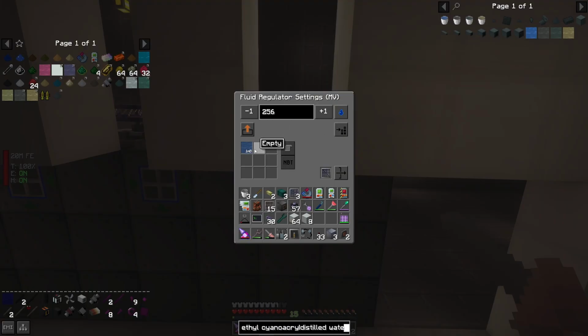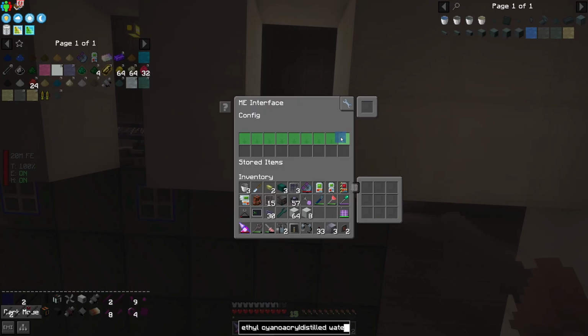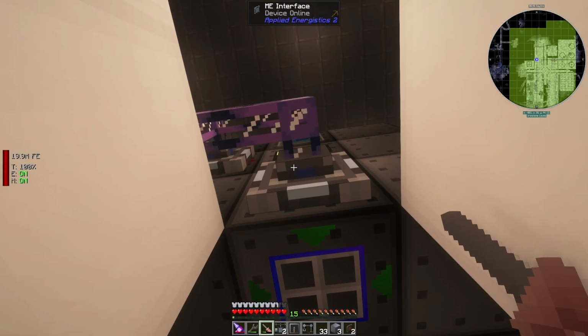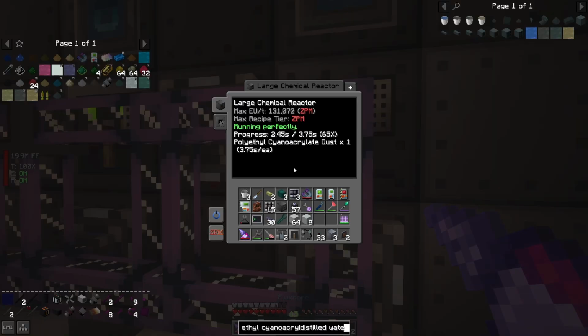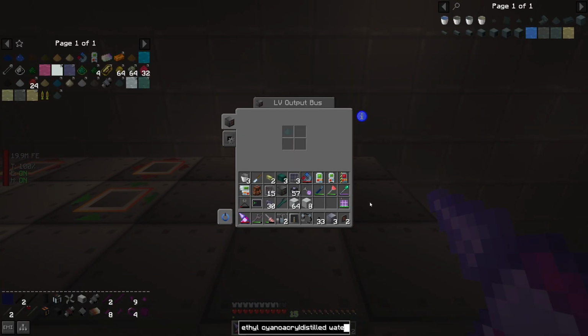Distilled water, keep exact. Ethyl cyano, whatever. That. Damn it. There we go. Import. And it's cooking. All right. So there is our pulp.